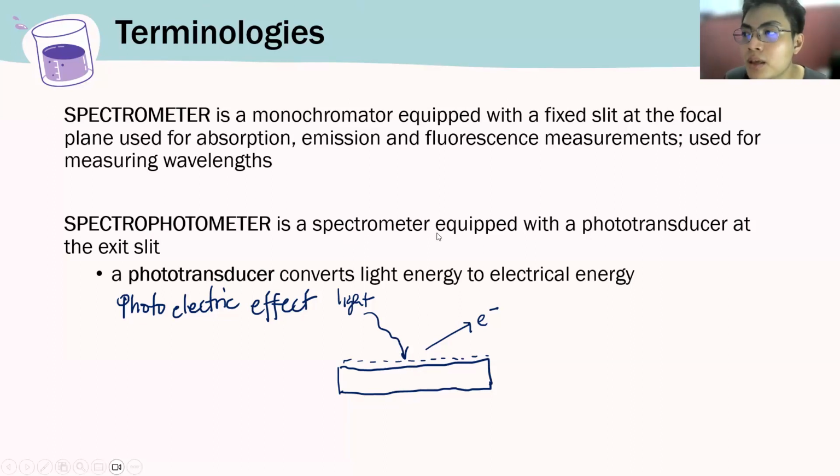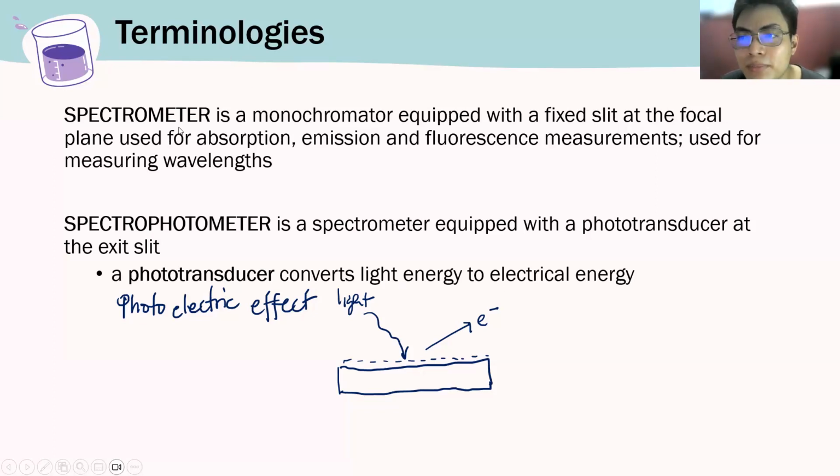So, medyo nag-overlap nga yung meaning ng spectrometer sa spectrophotometer. Lagi niyo lang tandaan, pag spectrophotometer, gumagamit siya ng phototransducer which converts light to electrical energy. Meaning digitized yung data.